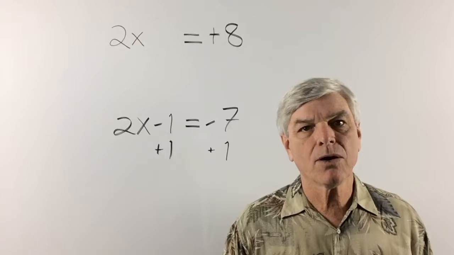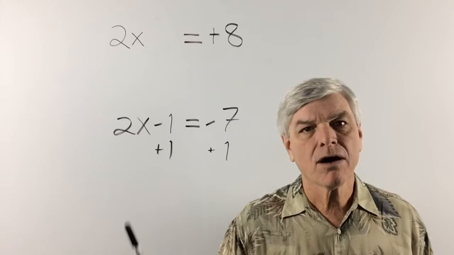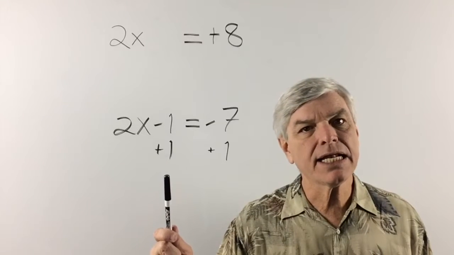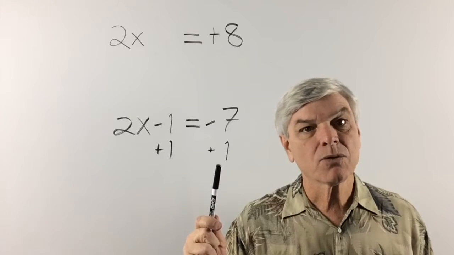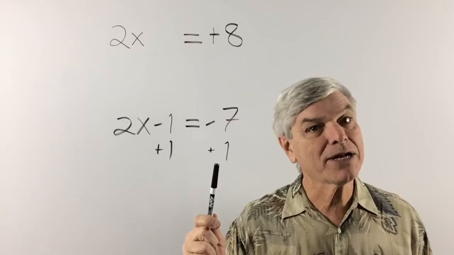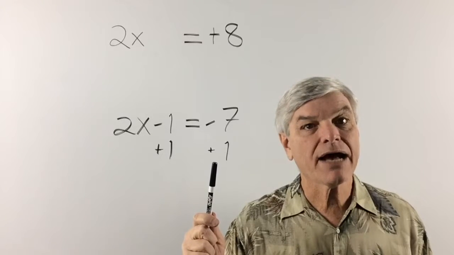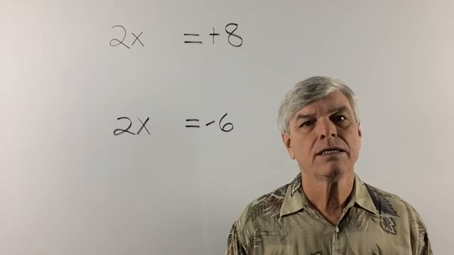And down below we have our 1s eliminated, and we're going to have -7 plus 1. So we're not going to have +8 or -8. We're going to have -6.